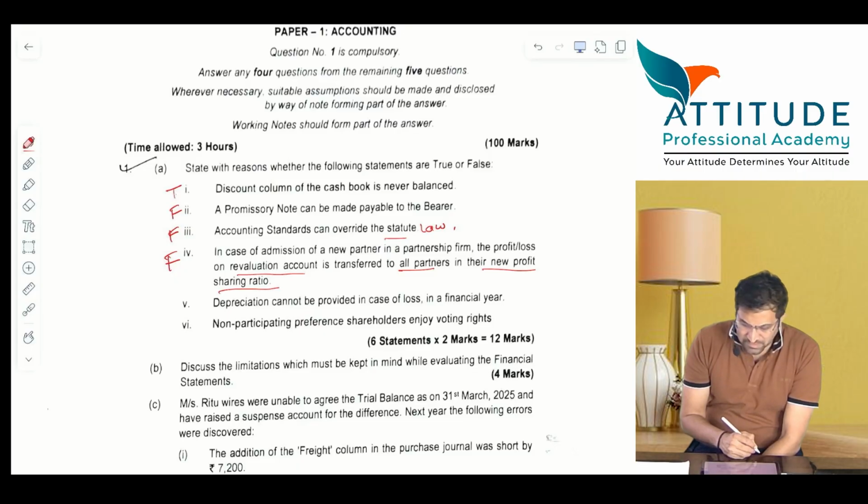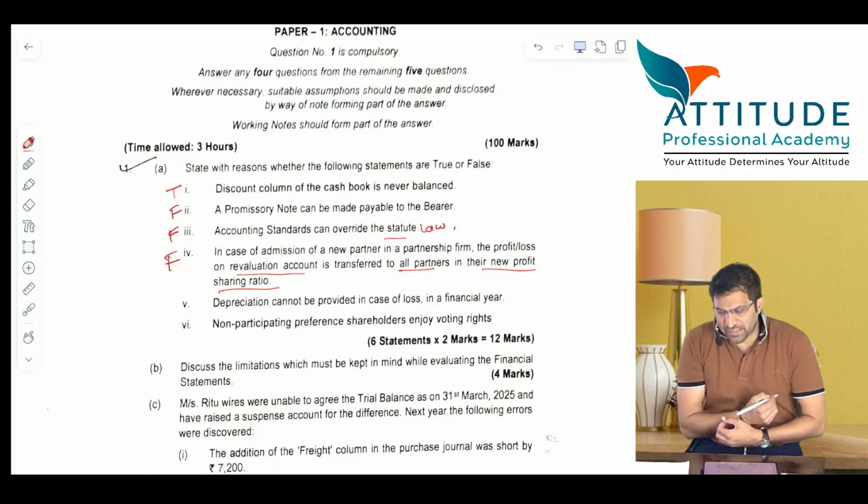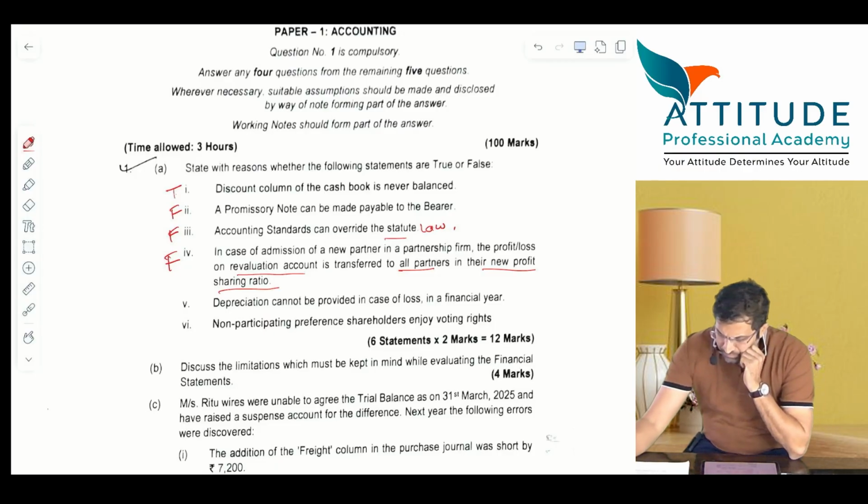Write the correct answer. What is the correct answer? In case of admission of a new partner, you should not take a lot of time now.